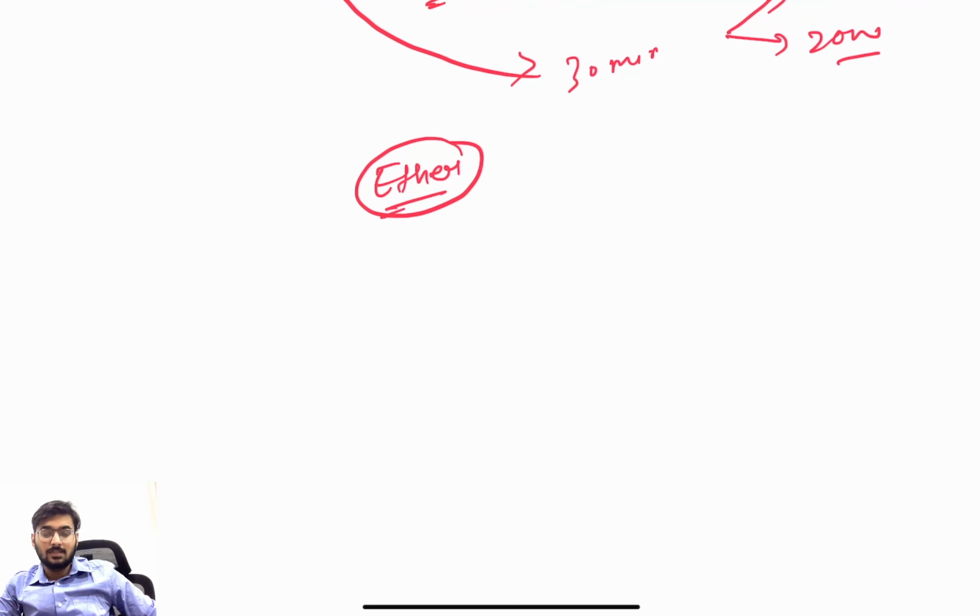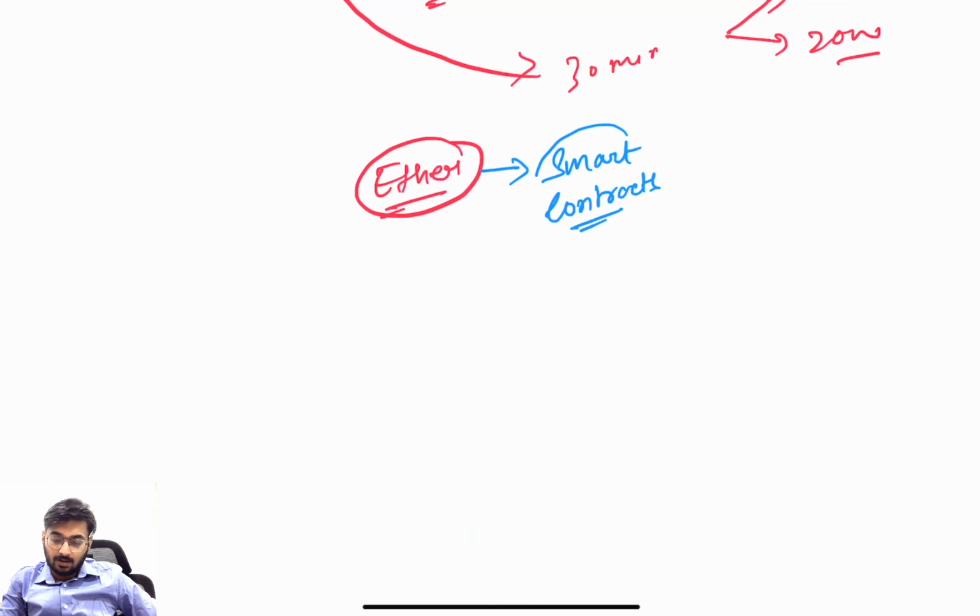After Bitcoin, this is the second most popular coin, and it is useful mainly for smart contracts. Clear? Now I will discuss this in detail in a most practical manner so that you will understand.